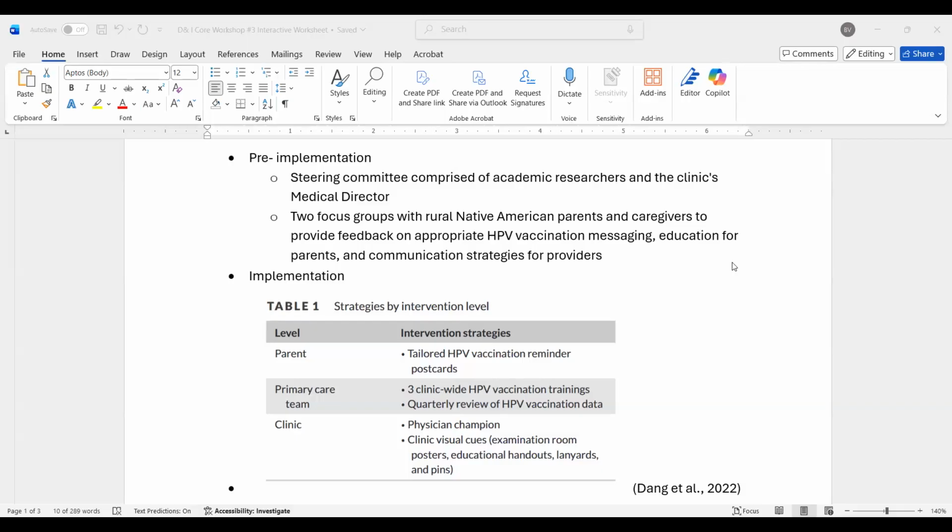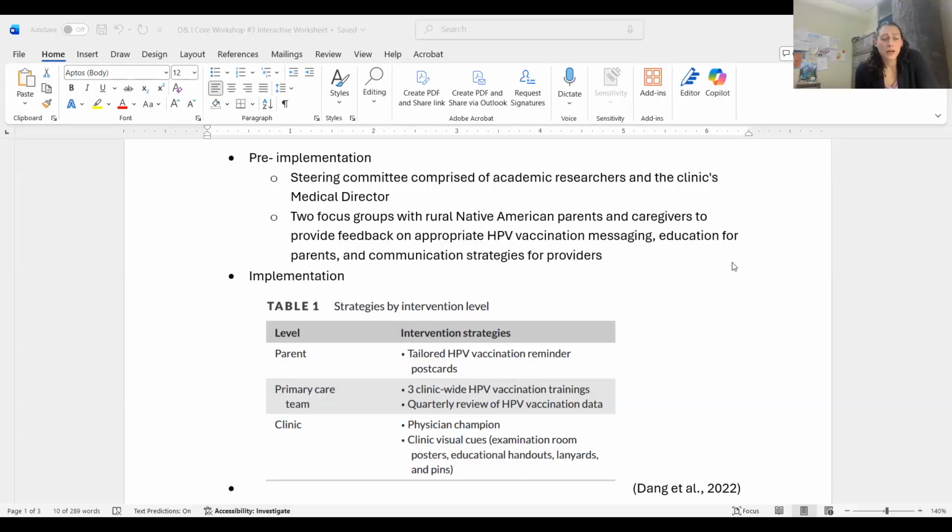So the first thing that comes to mind is just identifying their workflow and how these different strategies are going to work into their workflow, because if it doesn't work for them, then it's just not going to be effective in increasing the vaccination rates. And then you can also think, for hybrid 3 about effectiveness, maybe longitudinal studies to show what the rate of cervical cancer is for these patients many years later. But I don't know if I'm on the right track, but that's just what I was thinking.